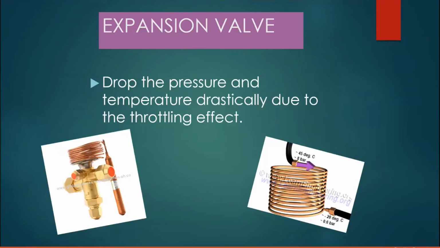Okay, for more detail, I will go into our book that is Thermodynamics. We can see it on page 280 for figure 6.19. There we can see more detail about the expansion valve. In the book, it says that the vapor will enter the capillary tube where its pressure and temperature drop drastically due to the throttling effect.